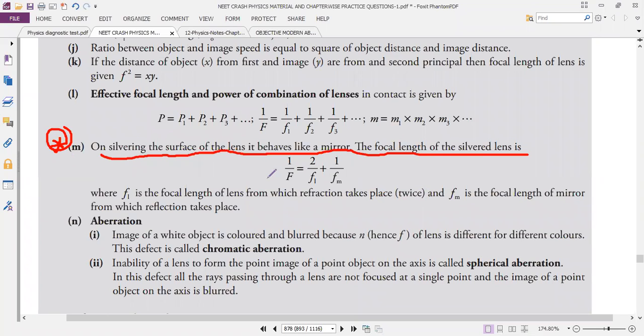It behaves like a mirror, no? That focal length is a normal focal length, combined together you will get 1 by f. F1 means the focal length of the lens, from which refraction takes place twice. Fm is the focal length of the mirror, from which reflection takes place. Along with this formula also, right? Okay. Thank you.